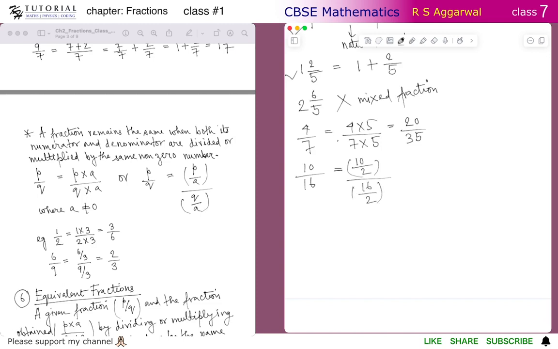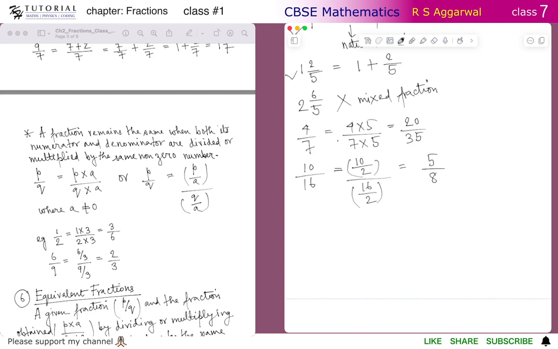By doing this, both fractions will be the same, and this becomes 5 by 8. So this property you must know: in a fraction, when you multiply or divide both the numerator and the denominator with the same non-zero number, the fraction remains the same, the value remains the same.